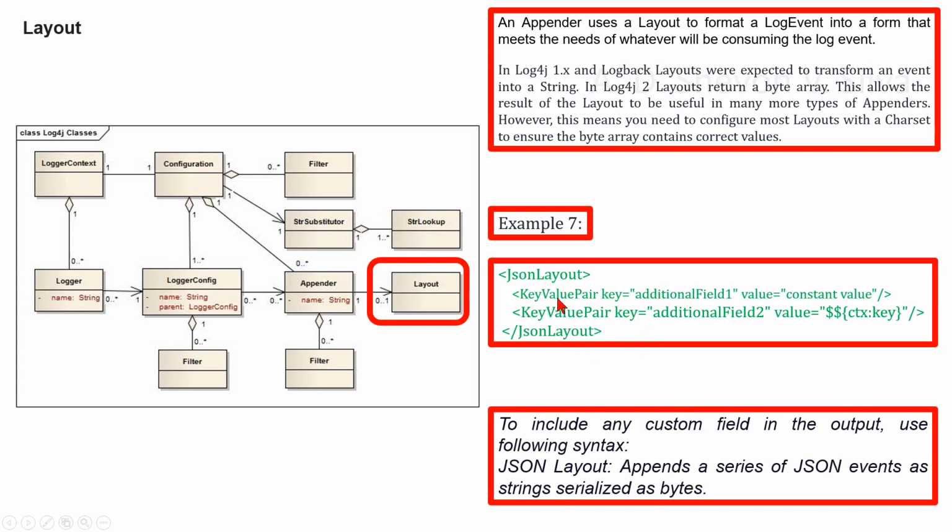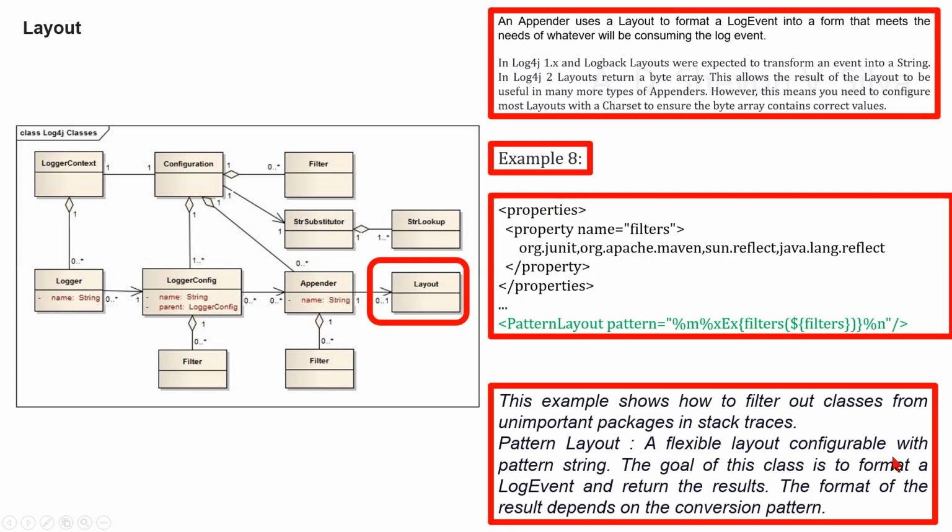JSON layout appends a series of JSON events as a string serialized as bytes. Here a pattern layout, a flexible layout configurable with a pattern string.